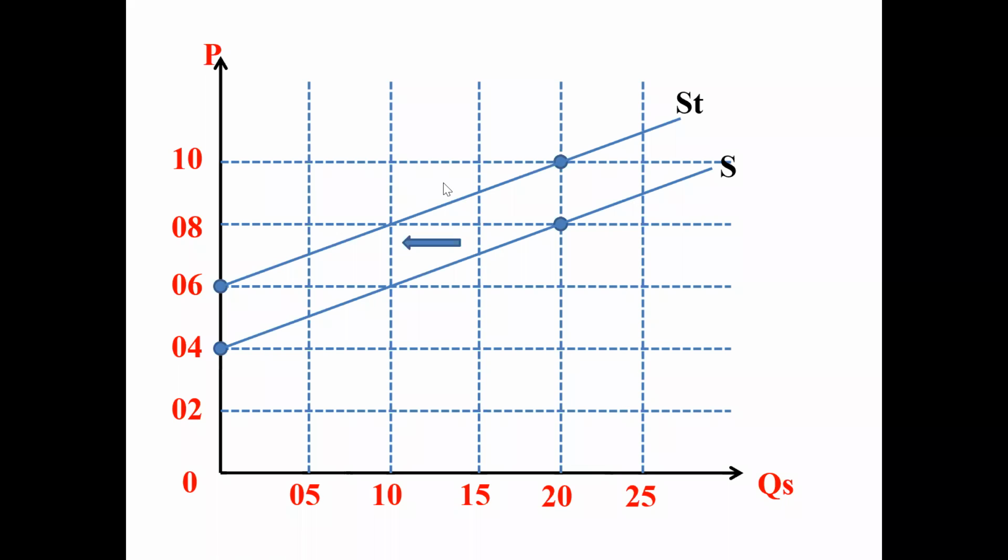When you compare these two diagrams, can you tell me graphically what has been changed and what has not been changed between these two supply curves, which are parallel to each other?